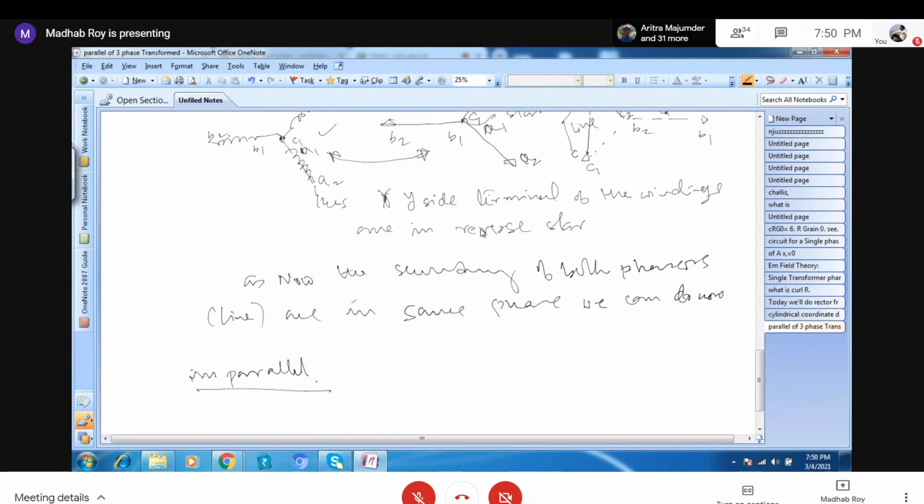So this is called the modification. Thus we can do the parallel operation after modification, with some interchange of the connections and the terminals. So we do the parallel operation of this.